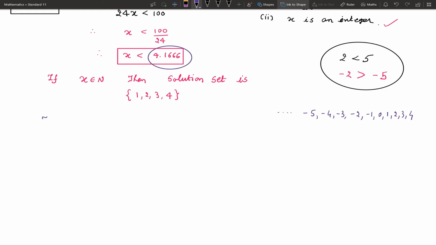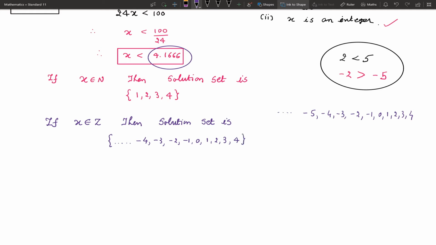So if x belongs to Z, then the solution set is, since there are so many numbers we cannot denote all, dash dash dash, minus 4, minus 3, minus 2, minus 1, 0, 1, 2, 3 and 4.